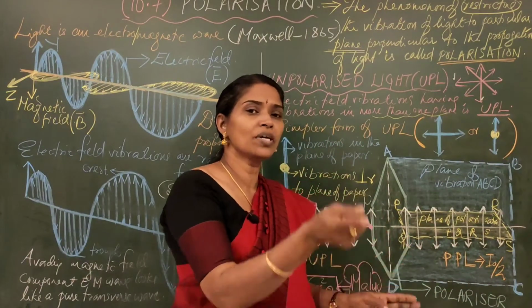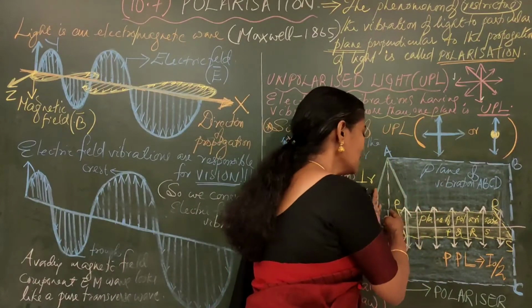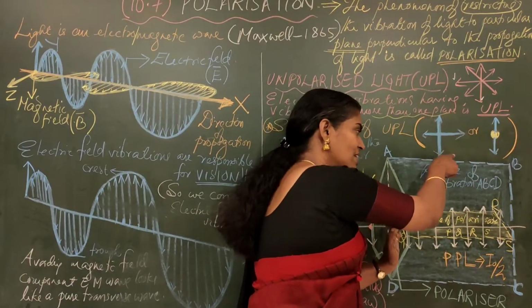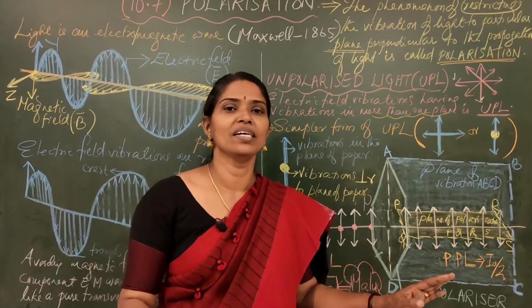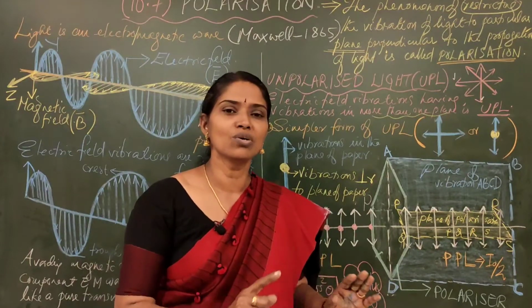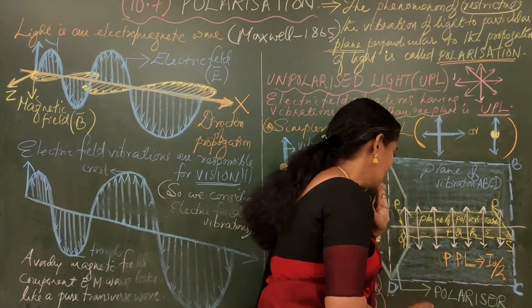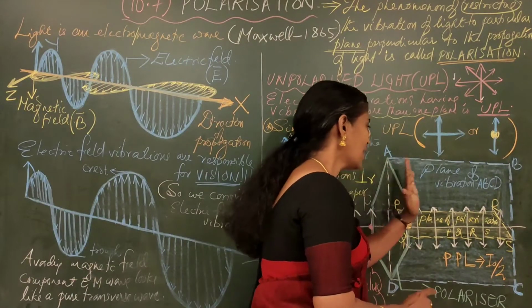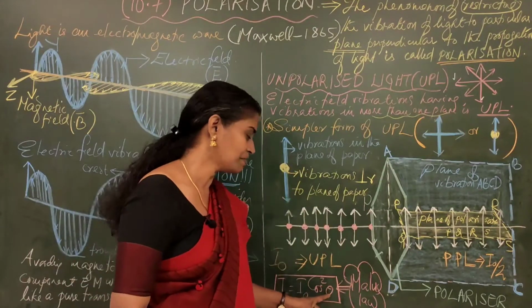But if you rotate the crystallographic axis of the analyzer through 90 or 180 degrees, you don't have any intensity of light; it will be absolutely 0. The angle between the crystallographic axis of the polarizer and the analyzer is known by the term theta.